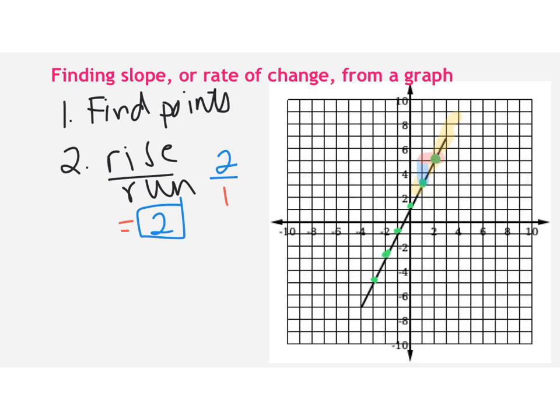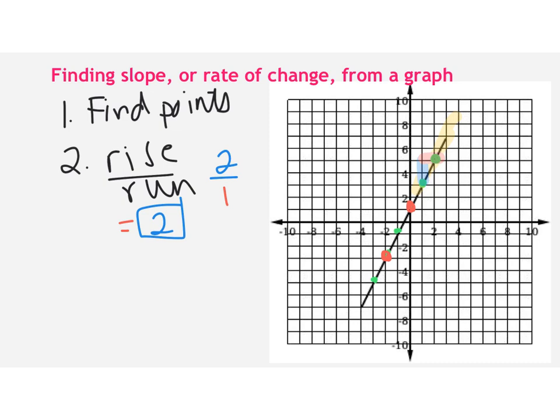And just one more in case you chose different points. I'm going to do one more quick example with 2 different points. So now I'm going to pick, just for funsies, this point down here at -2, -3, and this point at the y-intercept, which is 0, 2. So let's just double check to see if my slope is correct.